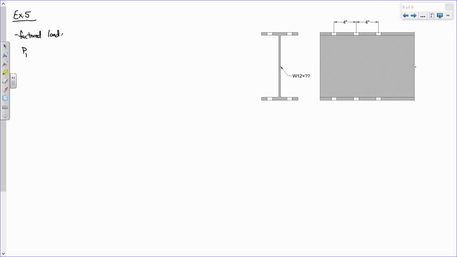So our dead load is 130 kips, and our live load is 110 kips. So now if you recall, there are two load combos if you've got dead and live that you need to worry about. One of them is 1.4 times the dead.